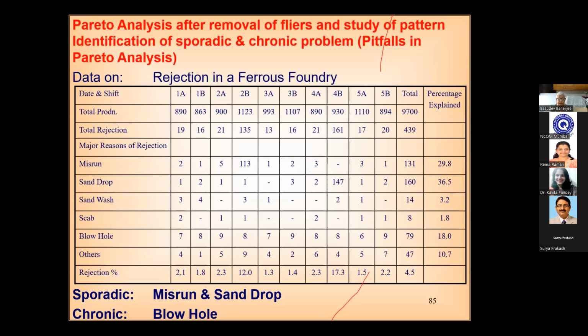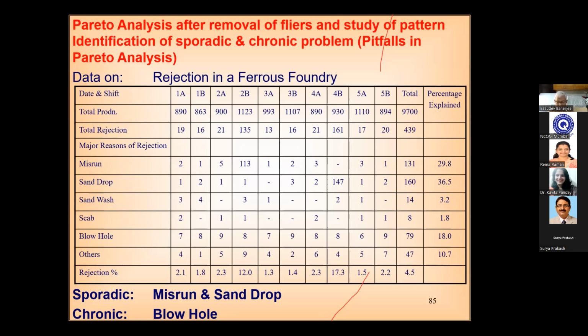Now, if you do a Pareto analysis just on the basis of that, the percentage explained, which will be the highest: sand drop, 36.5. Then misrun 29.8. Then blowhole 18.0. But what is the peculiarity of the data you see? Can you study the data and tell me what is the peculiarity you are noticing here?